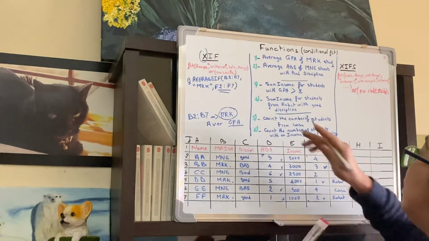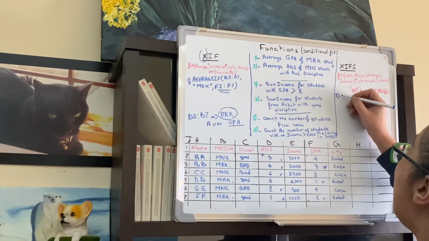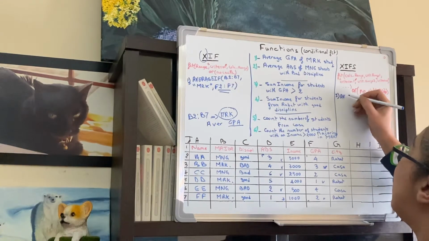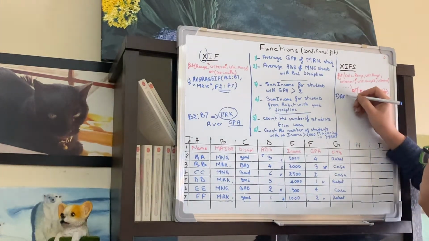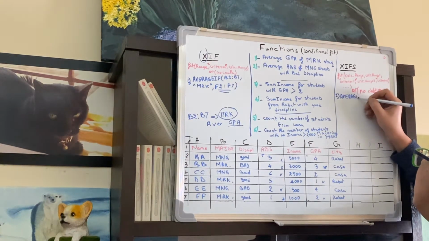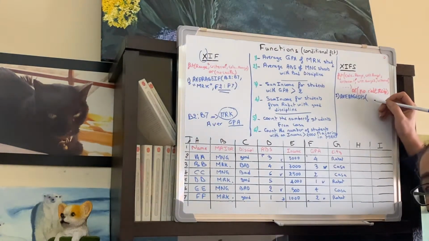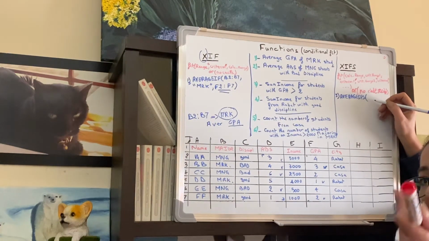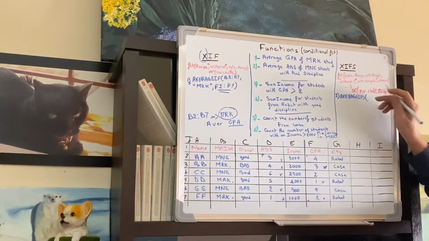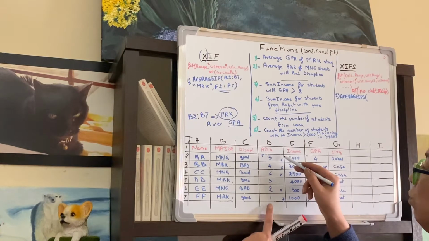Okay, so the syntax for the second question would be AVERAGEIFS, because I have many conditions. AVERAGEIFS, one word, you open the parenthesis. The first thing is to tell the computer where the range of calculation is. We said it's the average absences, so the range of calculation would be from D2 to D7.